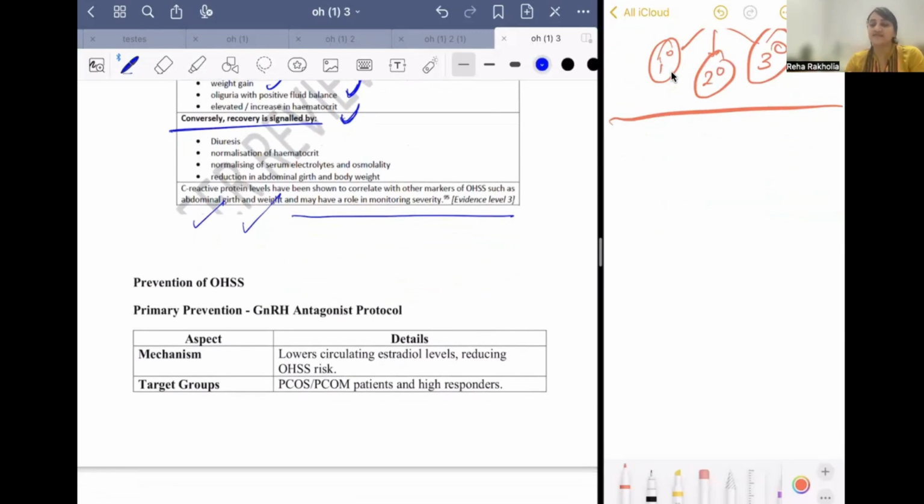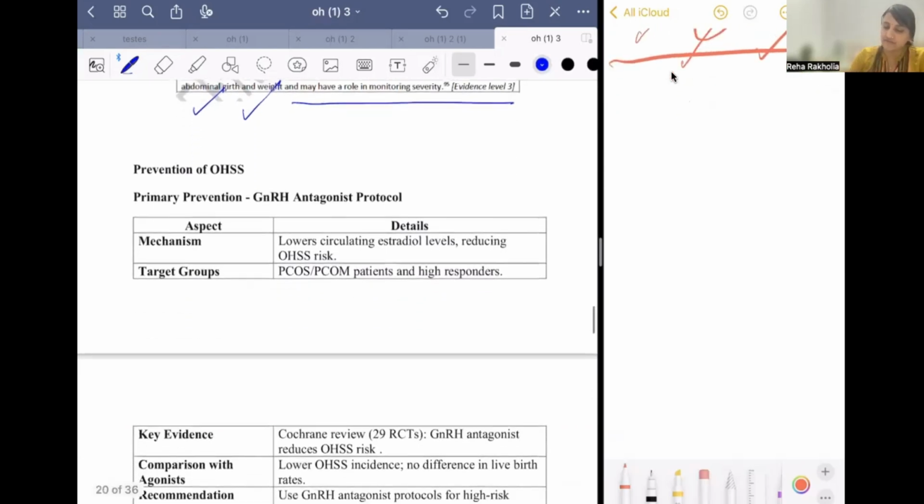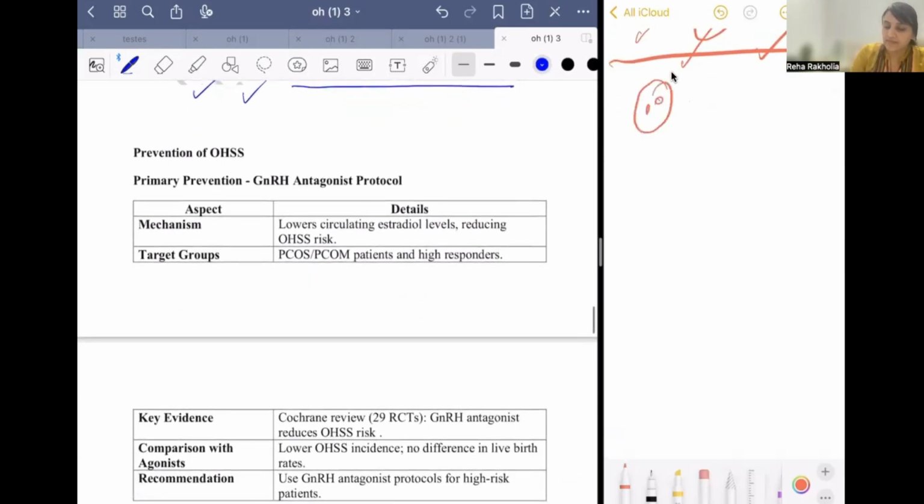So to minimize the risk of OHSS, various prevention strategies have been developed. Each of these strategies targets different stages of treatment and patient risk factors. Okay, so we'll talk about primary prevention first. In primary prevention, we'll talk about the GnRH antagonist protocol.